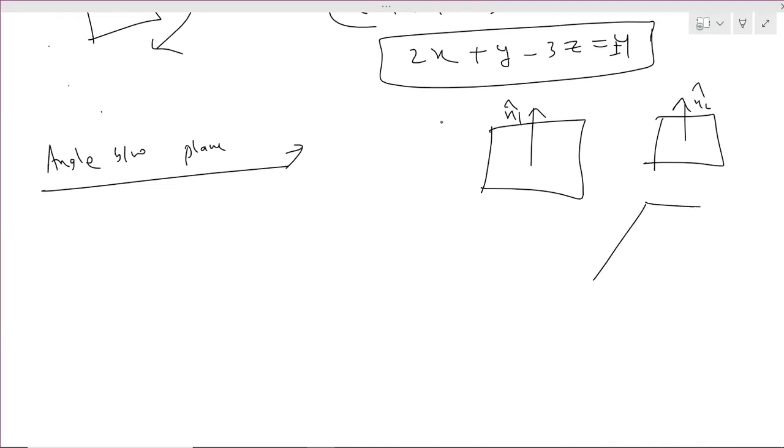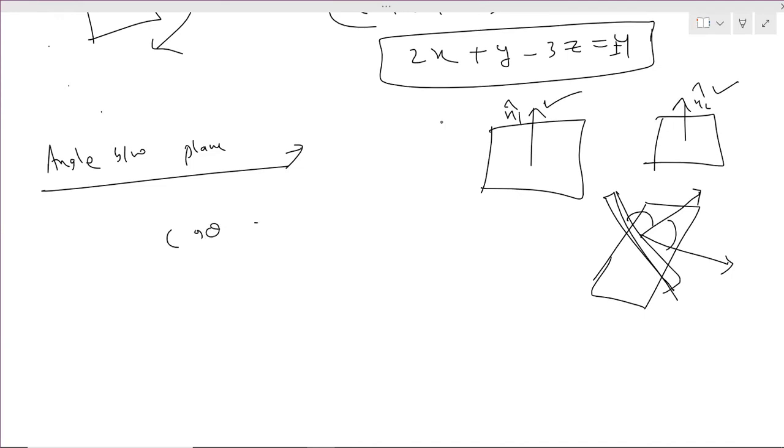Yes, sir. Right? This angle and this angle will be the same. So I can find the angle between planes using the angle between these vectors. You already know how to find the angle between vectors, which is n1 dot n2 upon mod n1 mod n2.